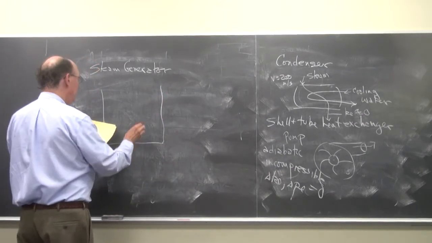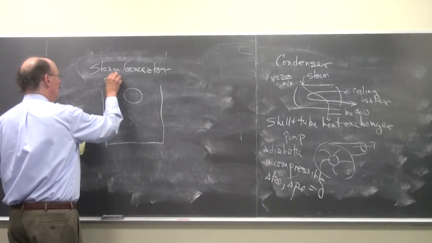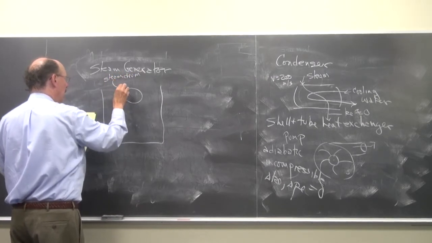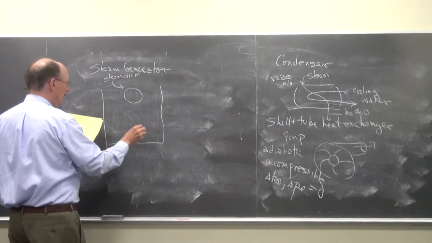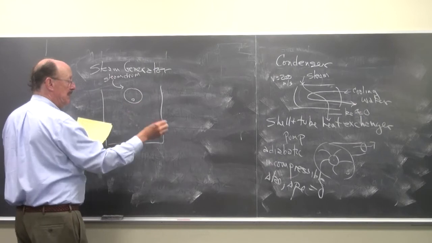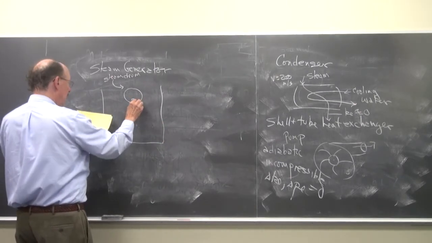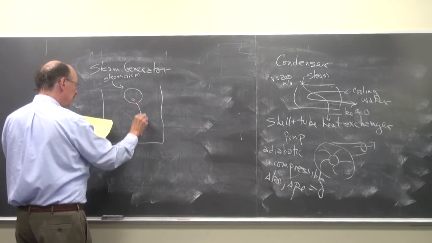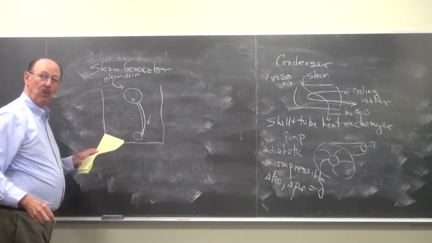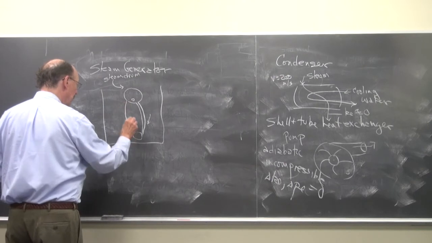We're going to have, this is a steam drum. This is where the water comes in. So the water is going to come in from the pump. It's going to come in here, and then we have what are called downcomers. So the water goes down, and then the water is going to go up in terms of something called risers.